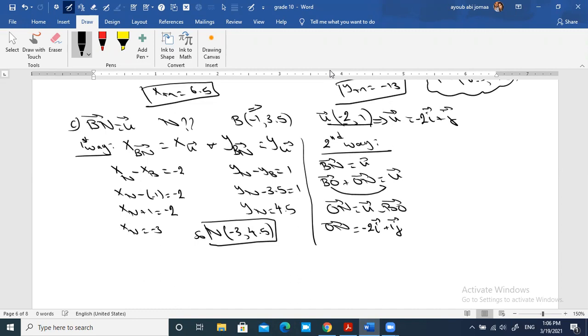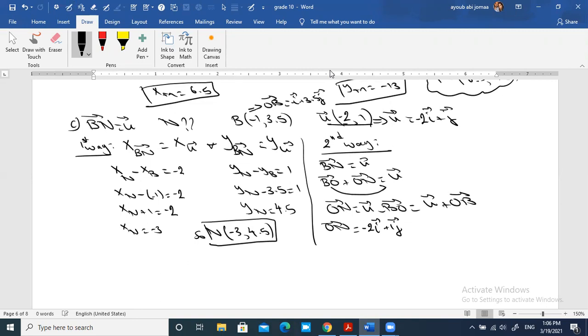And vector OB is negative i plus 3.5j. Right? But here you have minus BO, which is equal to plus OB, right? Right.